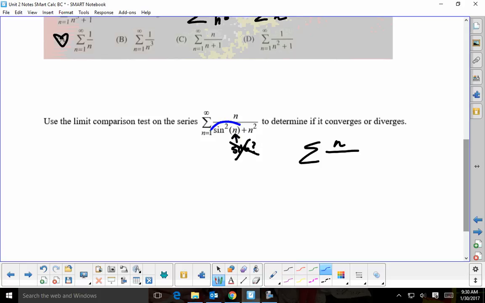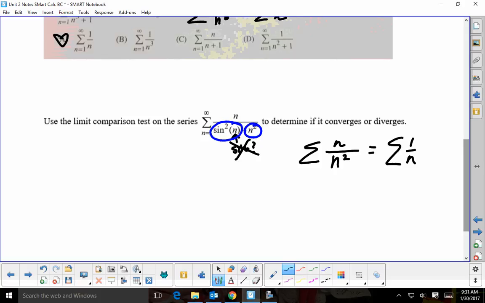Is it going to be a sine squared n or an n squared? An n squared. That sine squared n in this particular case is just inconsequential, because it's not the biggest. So in all actuality, which one am I going to compare it with? 1 over n again. You see that difference?